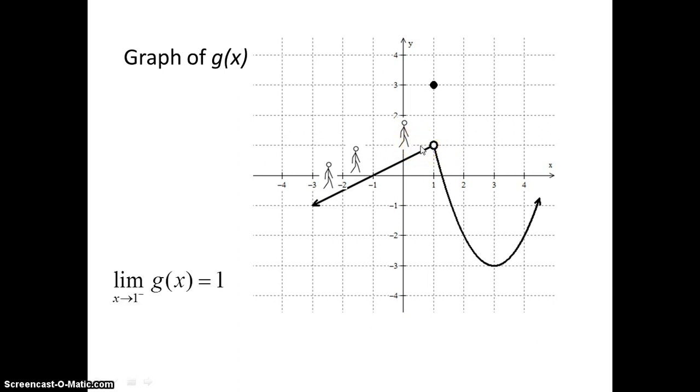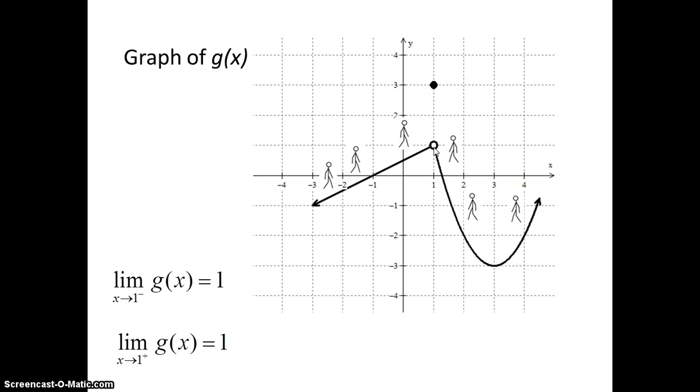So my limit as x approaches 1 from the left of g of x is 1. For the right-handed limit, I follow the path of the man walking on the right-handed side of the curve, and when he approaches 1 from the right-hand side, he also approaches the y value of 1. So my limit as x approaches 1 from the right-handed side of g of x is also 1.